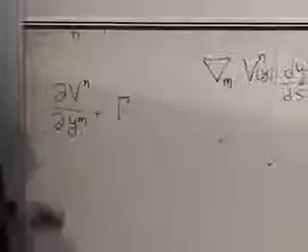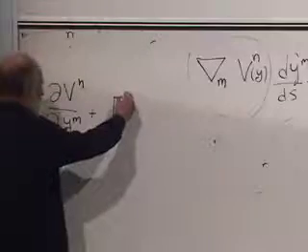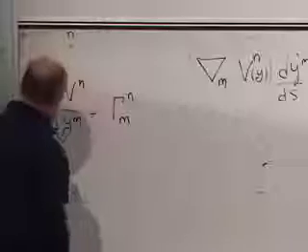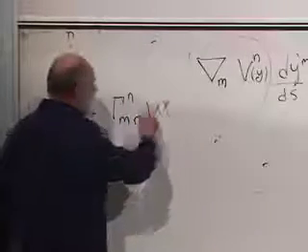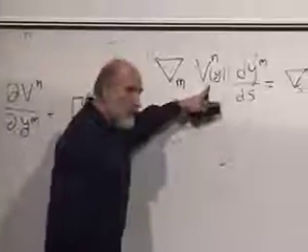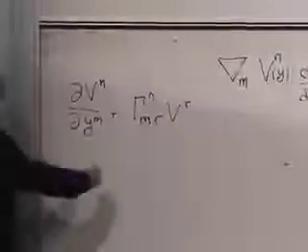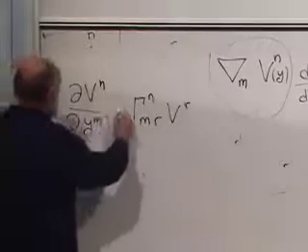Where does the n index go? It's upstairs. It better go upstairs in the gamma. The m index has to go downstairs, and then we need another index and write V^r. That's the covariant derivative of V. Then we have to multiply it by the tangent vector.